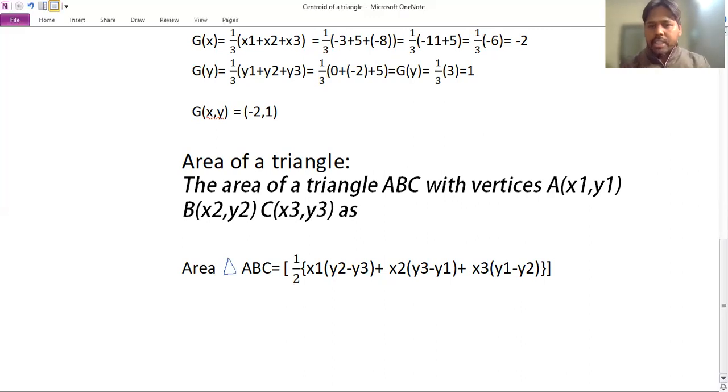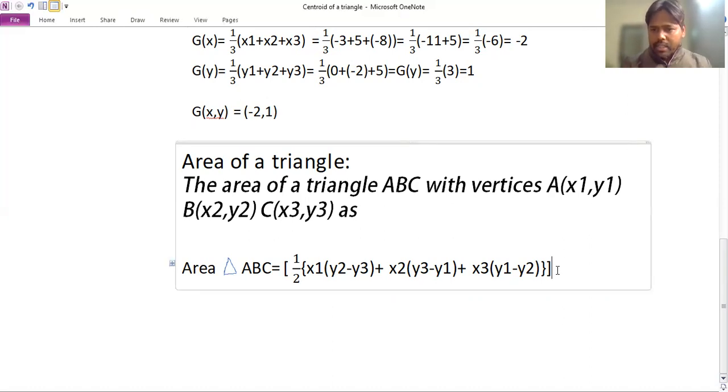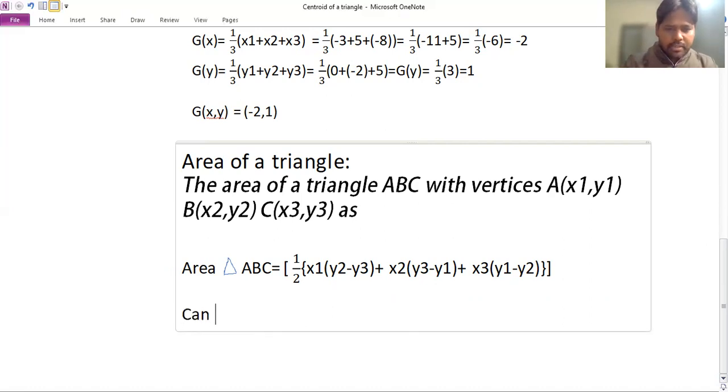Now interestingly, what is the application? This is how we can find out the area of the triangle. But interestingly, this area of the triangle can be used to find collinearity.